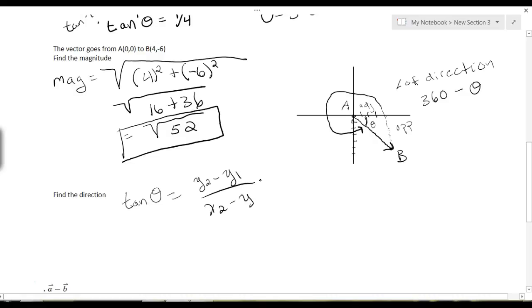Oops, that's supposed to be an x, sorry about that. And we use the absolute value of that. So let's fill in our numbers here. I'm going to scroll down a little bit.